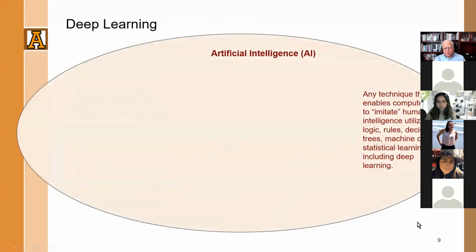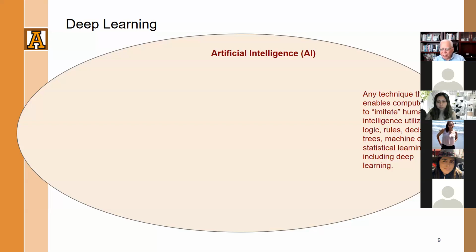Okay, this is the term artificial intelligence. The term has been used since 1940 something, 1942, 1943, where computing power was very scarce. There was nothing like what we have now in the 1940s.